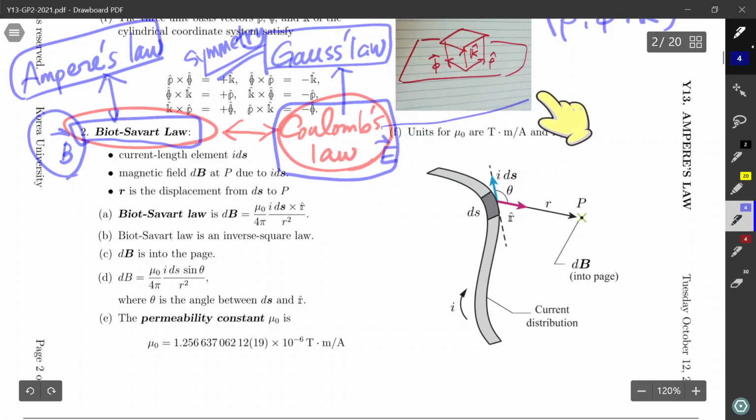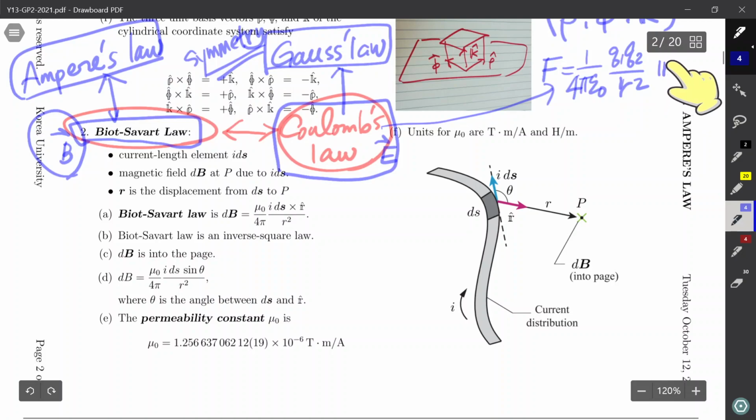Coulomb's law was F equals 1 over 4 pi epsilon 0 Q1 Q2 over R squared times R hat. R is the distance between the two charges, and R hat is a unit vector connecting the two charges, and the direction is either plus or minus depending on which charge is one and two.